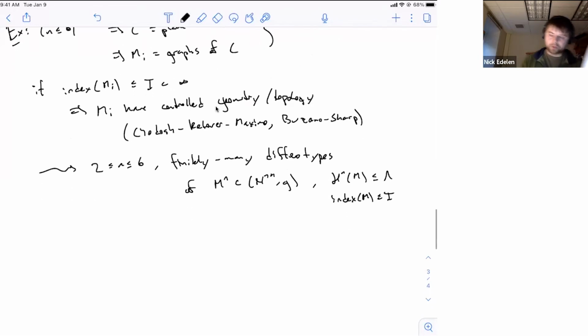So in low dimensions, if you're in a closed manifold and you restrict to hypersurfaces with controlled area and index, then there are only finitely many diffeomorphism types. And this is essentially a direct consequence of their degeneration theorem.